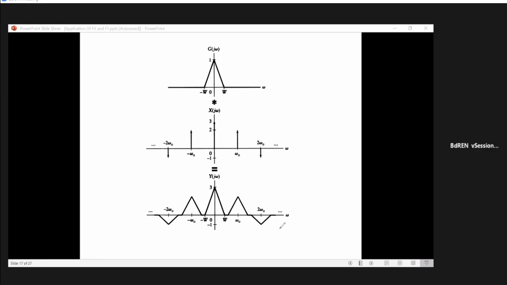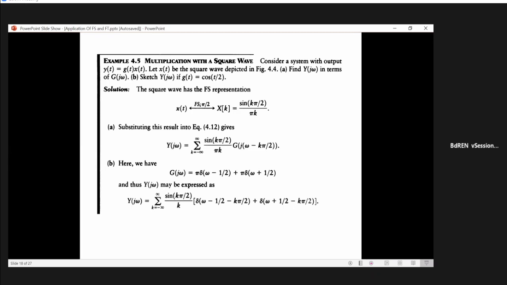Okay, so this is our spectrum, and probably we are talking about an example. This is actually a square wave. You know that the square wave is a periodic signal, and that periodic signal can be Fourier analyzed to find the Fourier constant X_k. That X_k will contain this harmonic amplitude.